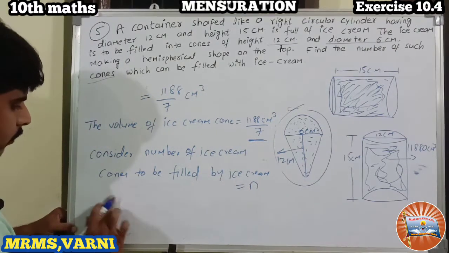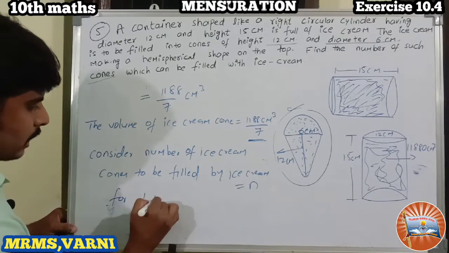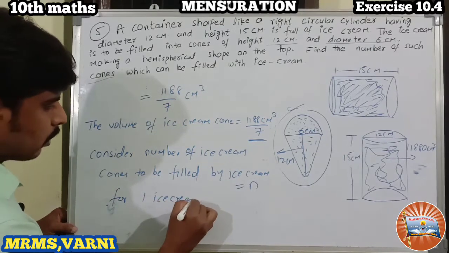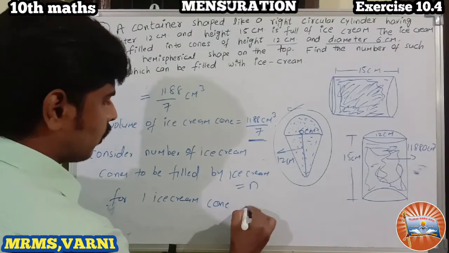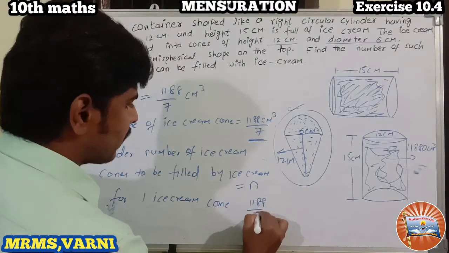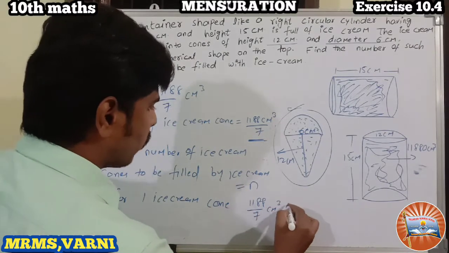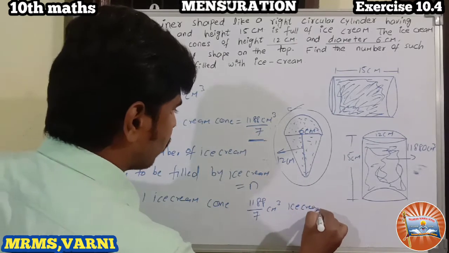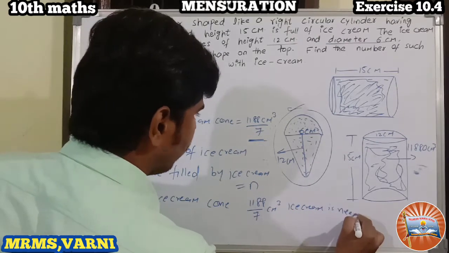For one ice cream cone, 1188 by 7 centimeter cube ice cream quantity is needed.